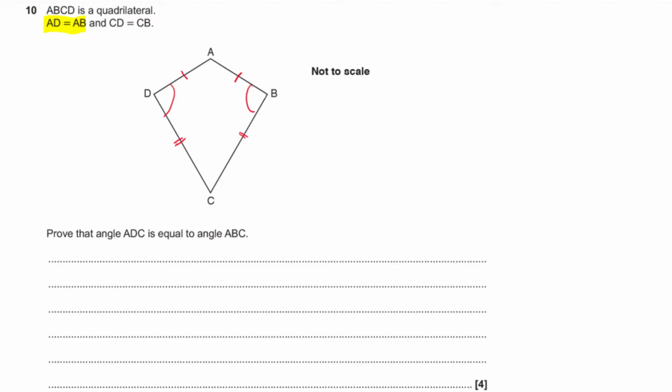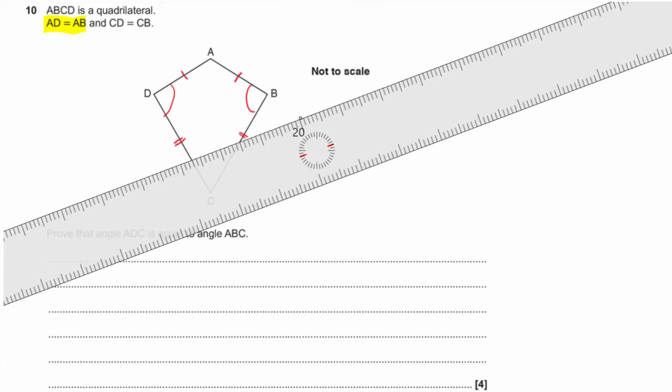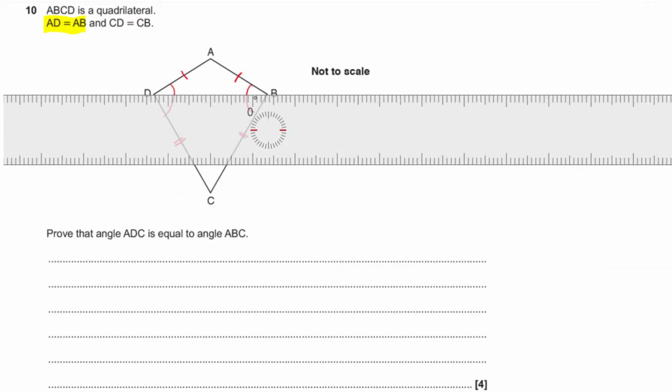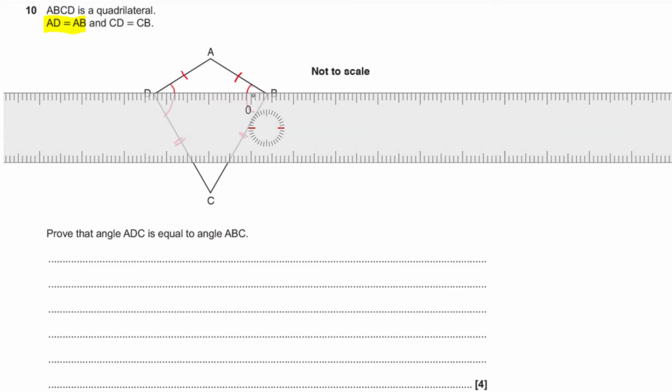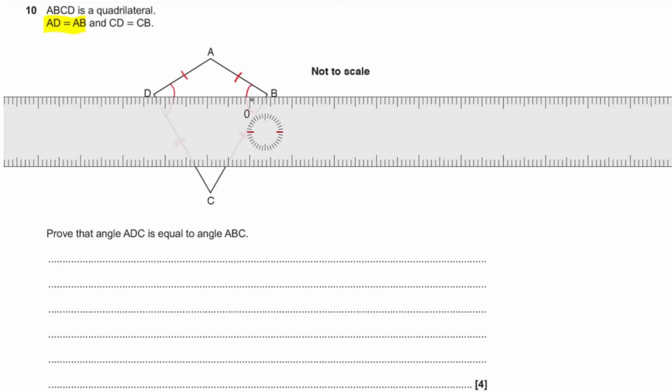Now, you can clearly see that this is a kite, so those angles should be equal, shouldn't they? But it's asking us to prove it. So we need to use another rule or fact to derive this from. So if I take a ruler out and draw a line from B to D, I'm effectively turning this quadrilateral into two triangles, aren't I?